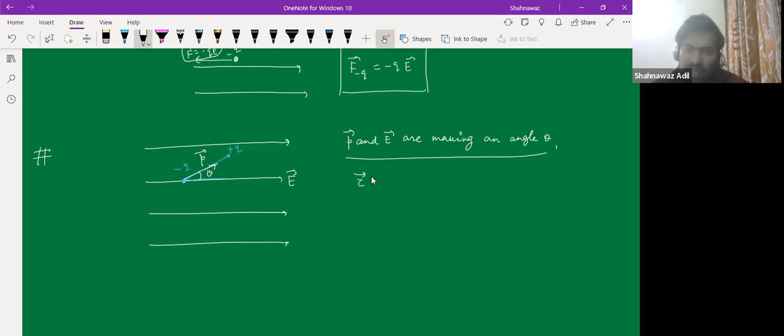So then we write the torque on this dipole. I will not derive this thing, right? I will directly use that because the derivation we have done, and you guys can check that. So what is the torque on this dipole? You guys remember what is the torque? Yes, what is the torque on this dipole?